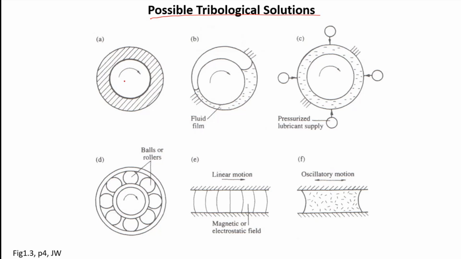The very first one is dry contact, which we have talked about in quite great detail. For dry contact, you either change the interface by providing a certain type of coating or a thin layer to separate the two materials. For example, some coatings are applied.